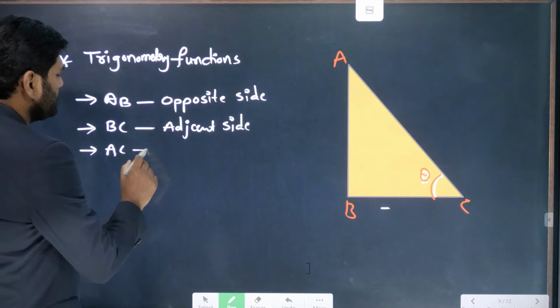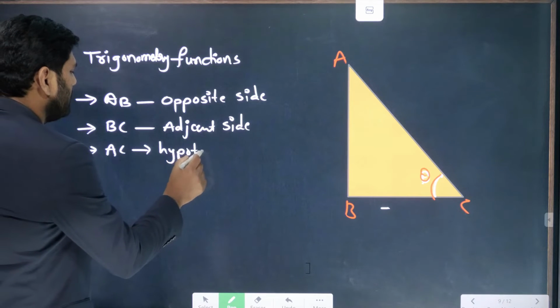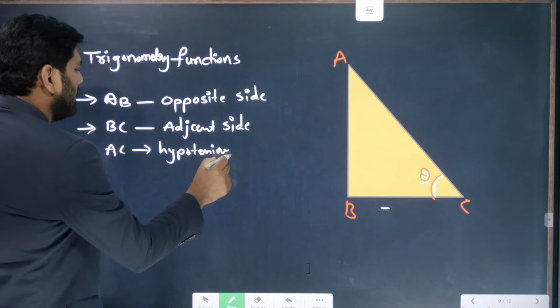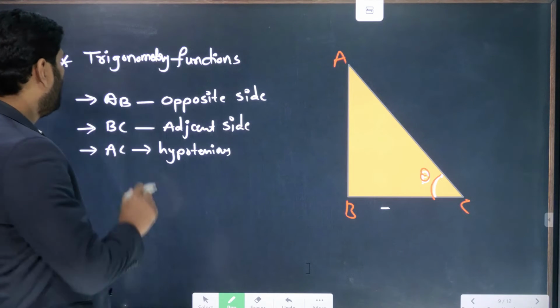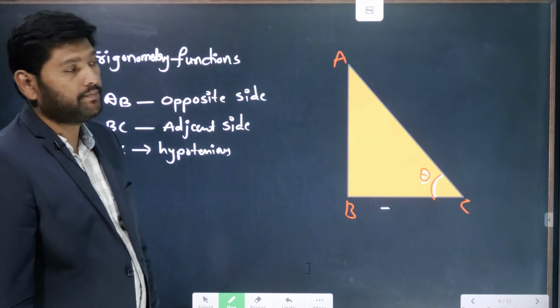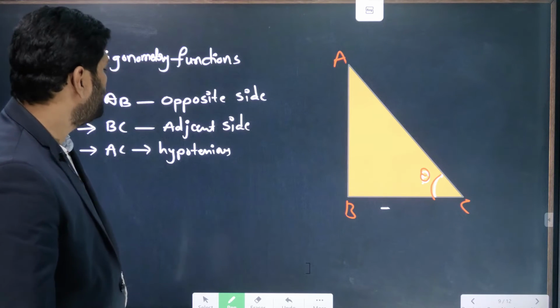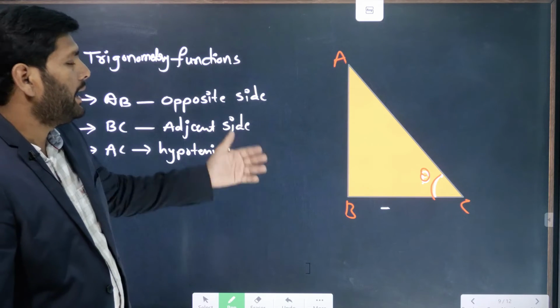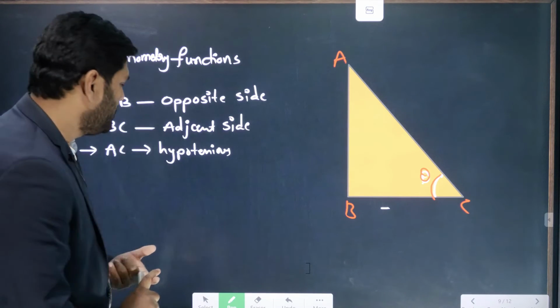Here AC is called the hypotenuse. Now this is the way we have opposite side, adjacent side and hypotenuse. Now how do we take the trigonometric functions?